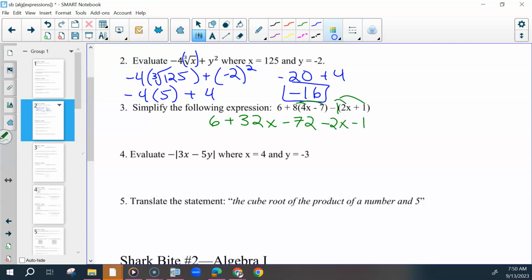And then combine like terms. 30x. What was that answer? -60. I thought that's 30x minus 50. It might have been 51.